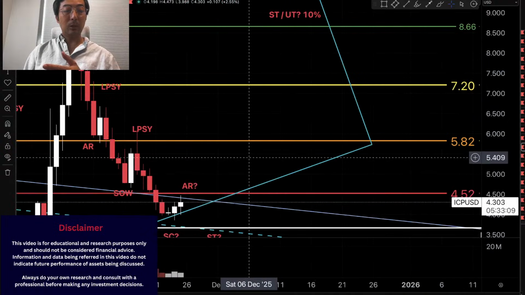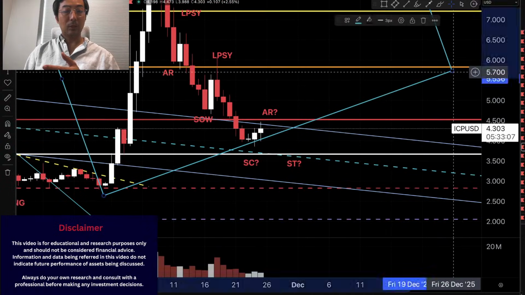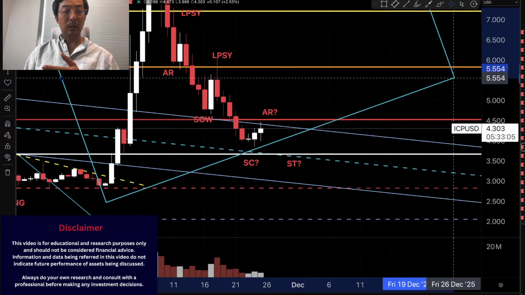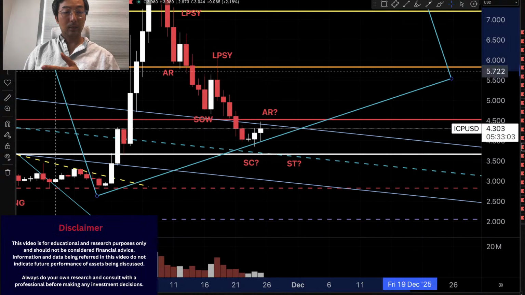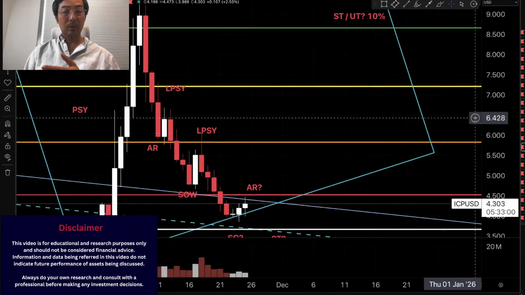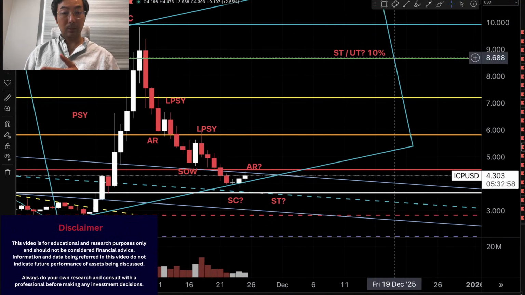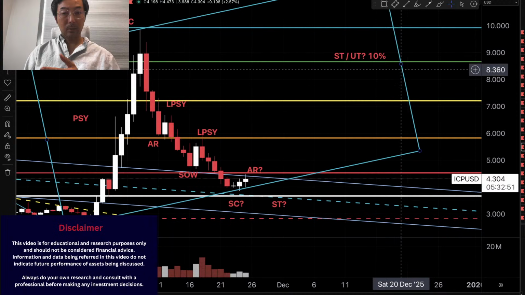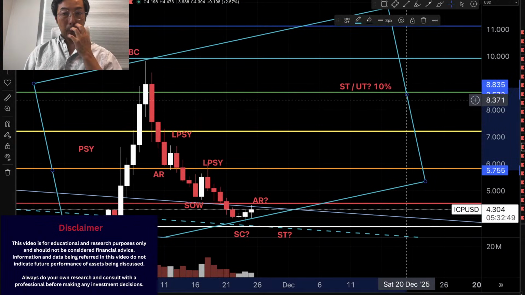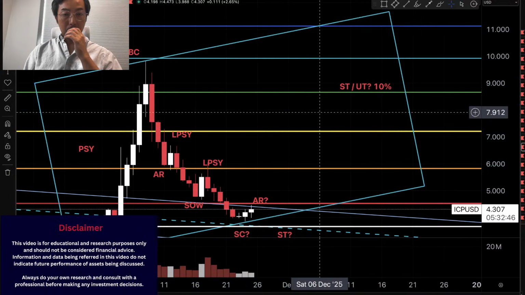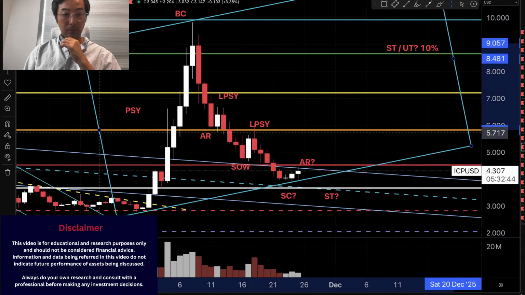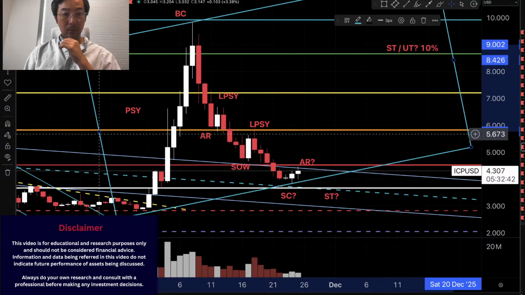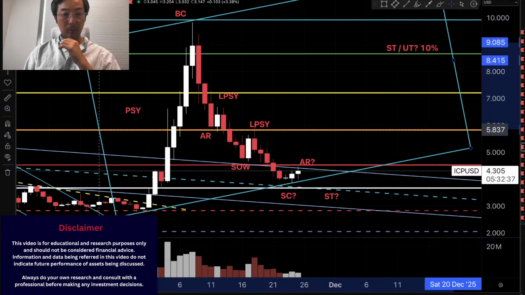If this uptrend, this upward channel, is really going to continue, that's quite a bit of adjustment, because we've got only 3 reference points, so we have to do it this way.